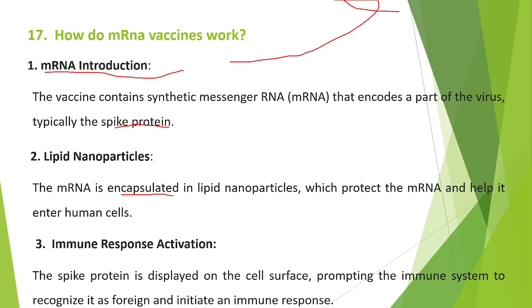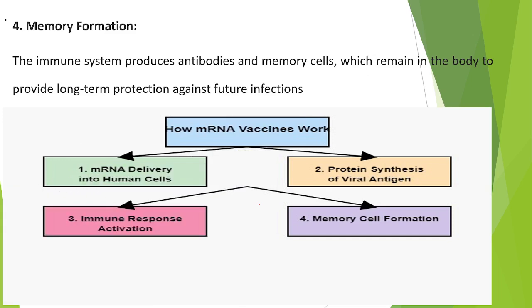Then thirdly, we have immune response activation. The spike protein is displayed on the cell surface, promoting the immune system to recognize the antigen. Let's look at the diagram here. We also have memory cell formation, where the immune system produces antibodies and memory cells, which remain in the body to provide long-term protection in the future.